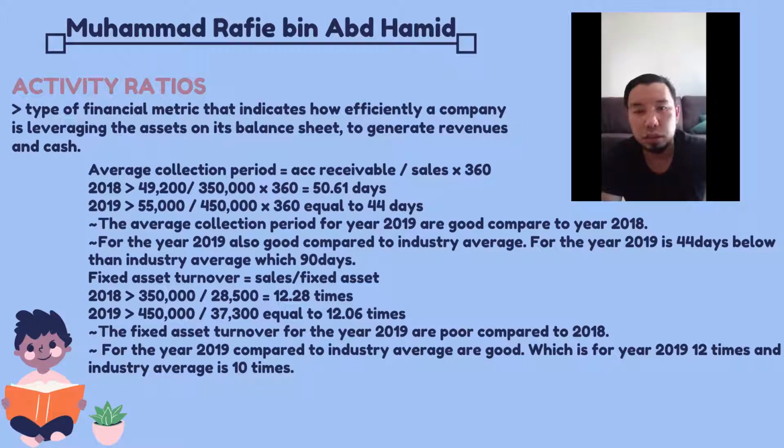Activity ratio is a type of financial metric that indicates how efficiently a company is leveraging the assets on the balance sheet to generate revenue and cash.